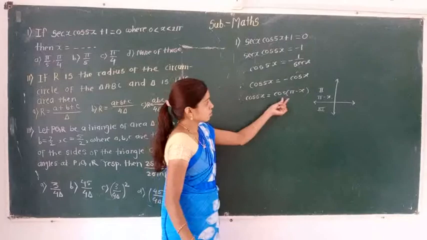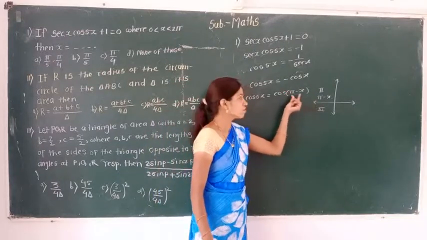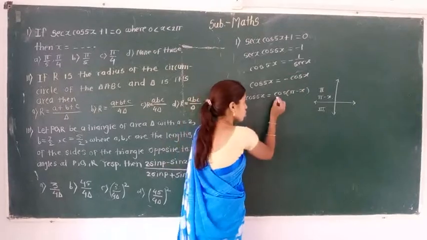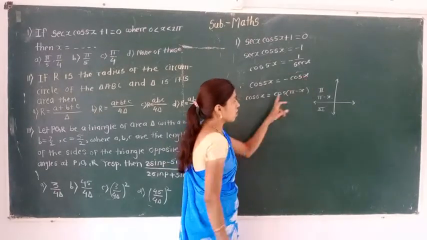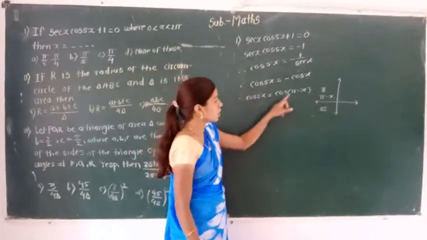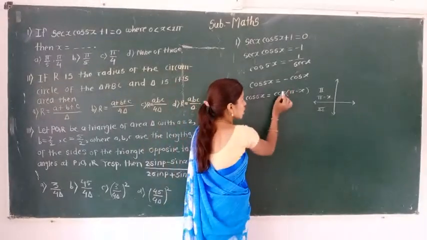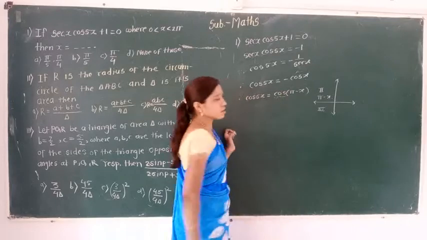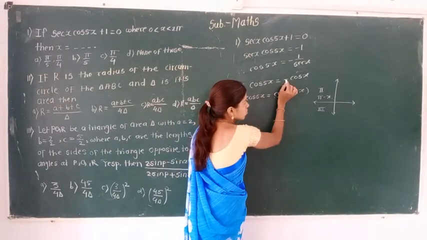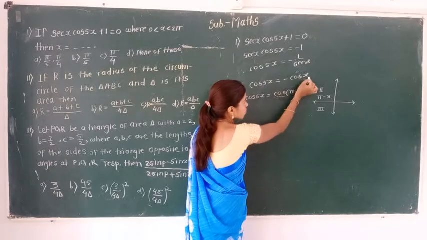And we know that pi lies on the x-axis, and on the x-axis the trigonometric function does not change, so cos stays cos. But the angle pi minus x lies in the second quadrant, and in the second quadrant cos is negative. So here take a negative sign, so we get minus cos x.